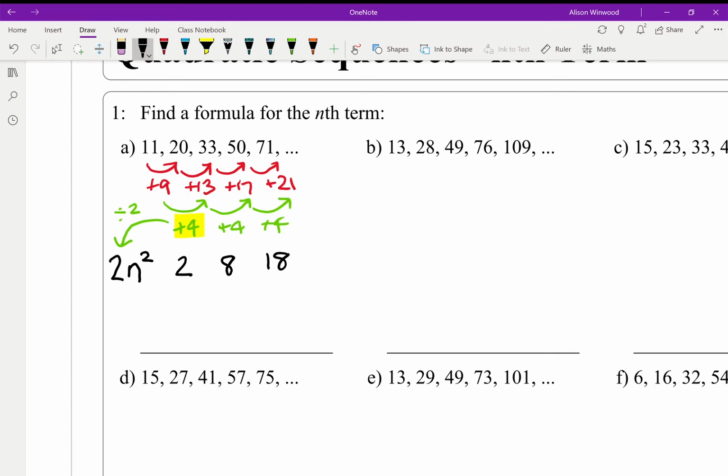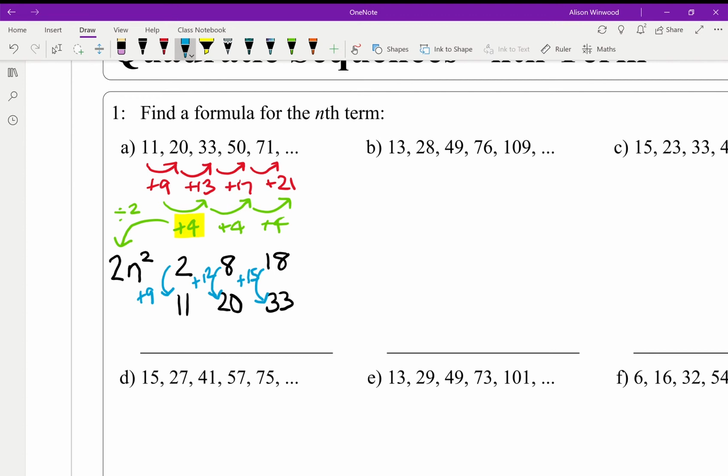Then I'm going to go back to my original sequence, which was 11, 20, 33. And I'm going to see how close I am to my original sequence from my guess that my sequence is 2n squared. So 2 to 11 is add 9, 8 to 20 is add 12, 18 to 33 is add 15.